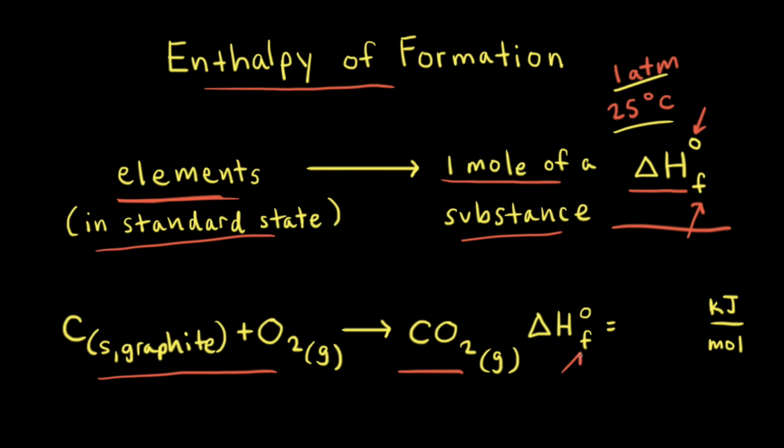So we have our subscript F and our superscript naught to indicate standard conditions. The change in enthalpy for the formation of 1 mole of CO2 is equal to negative 393.5 kilojoules per 1 mole of carbon dioxide.